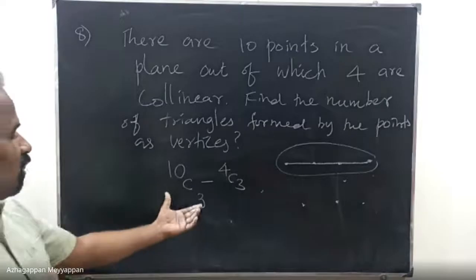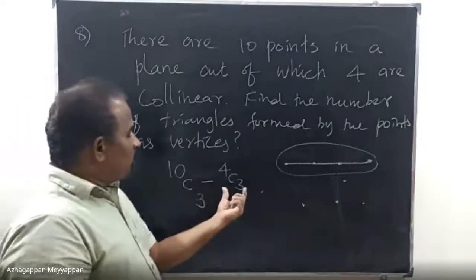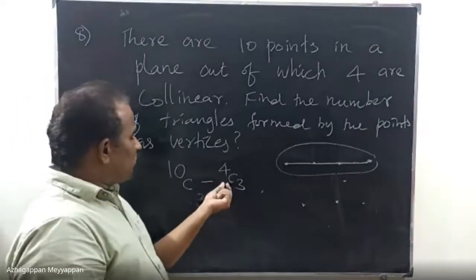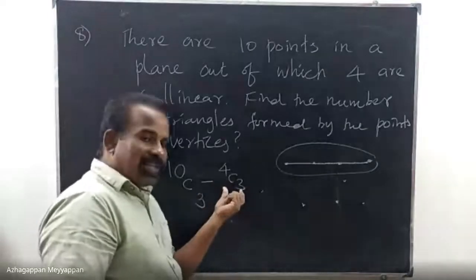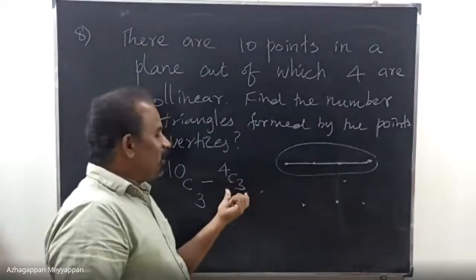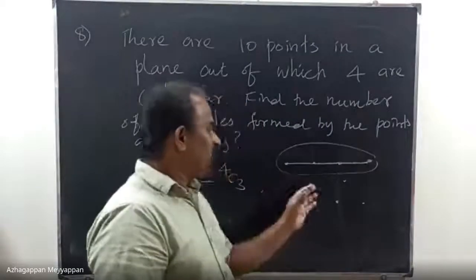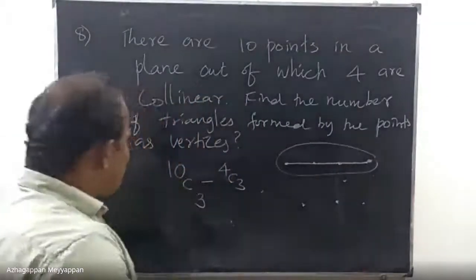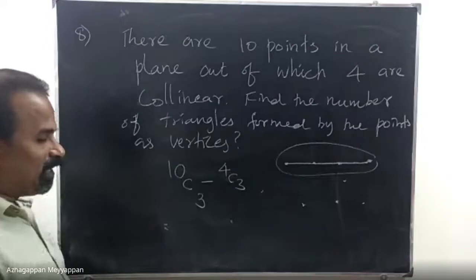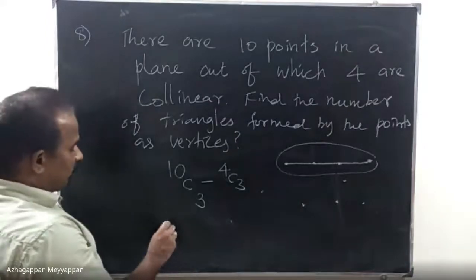Suppose we did not subtract this, what would happen? All the triangles would be counted. So this is equal to 10C3 minus 4C3.